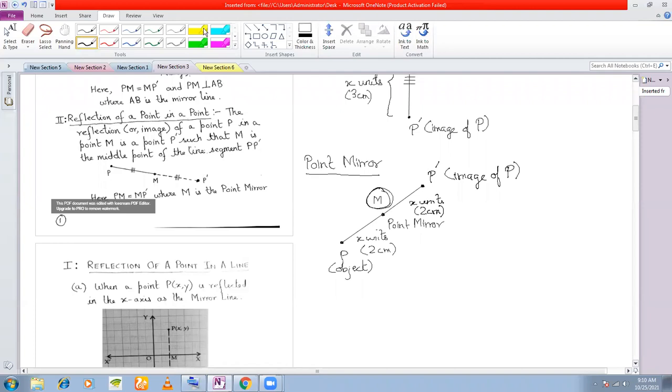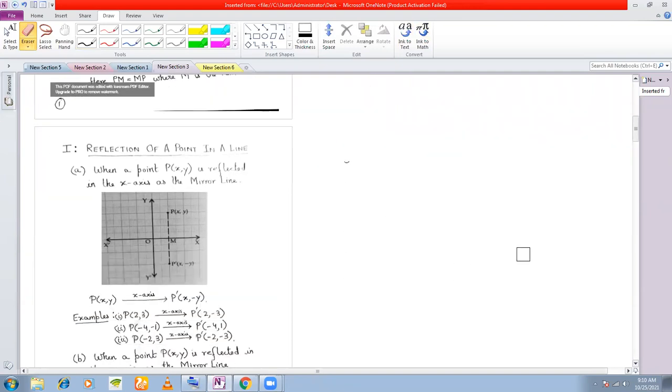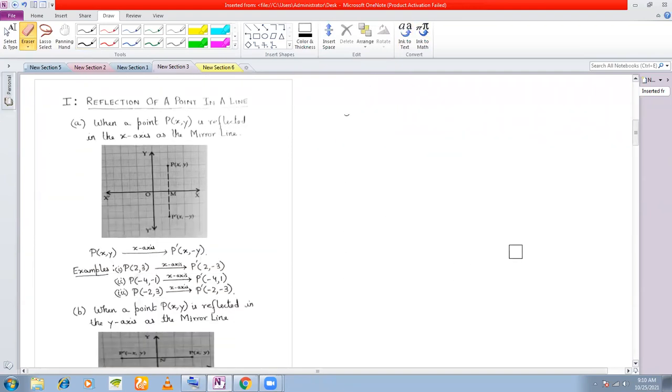Now when talking in terms of coordinate geometry, what we do is we reflect points in the x-axis, in the y-axis as the mirror line, or you can reflect a point in a straight line that is parallel to the x-axis or parallel to the y-axis, and you can also reflect it in the origin. In fact, you can also reflect a point in any given straight line.